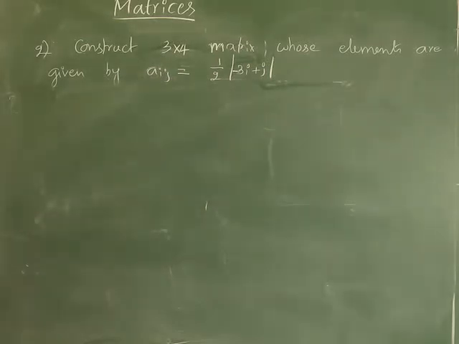So we have to construct a 3 by 4 matrix whose elements are given by Aij is half into modulus of minus 3i plus j. So again first we have to write what is the general matrix.